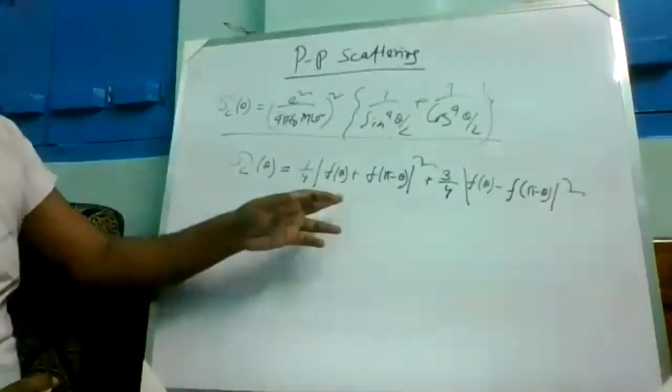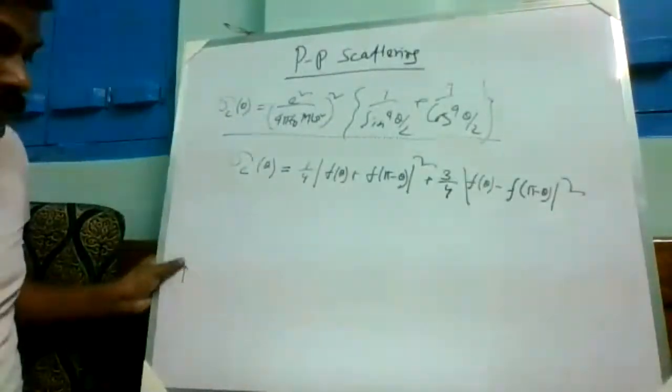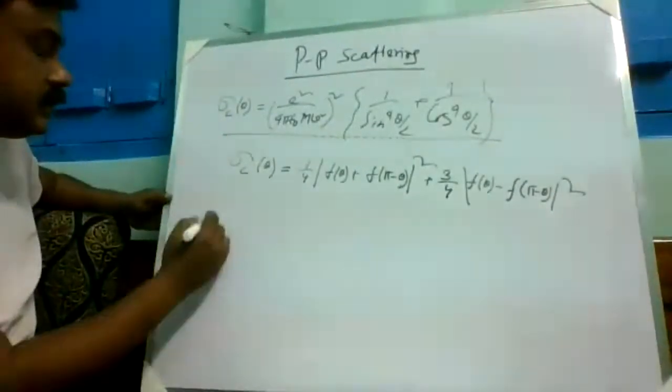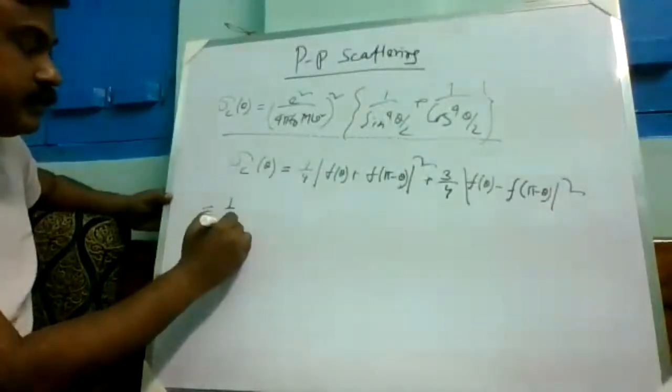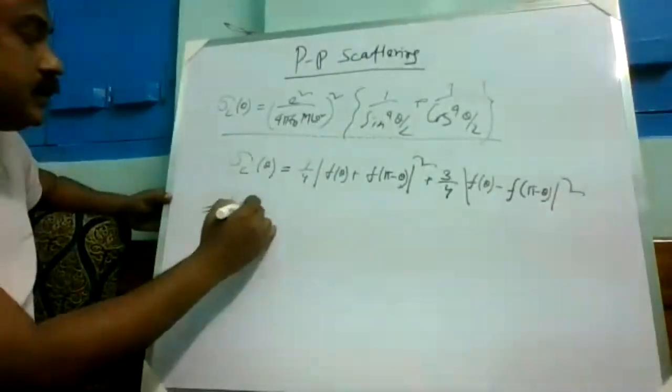Now you know f theta and f pi minus theta. I am writing the first step to make you understand.